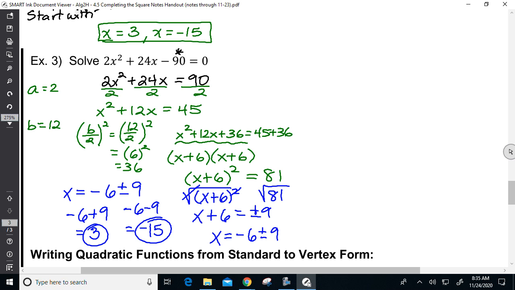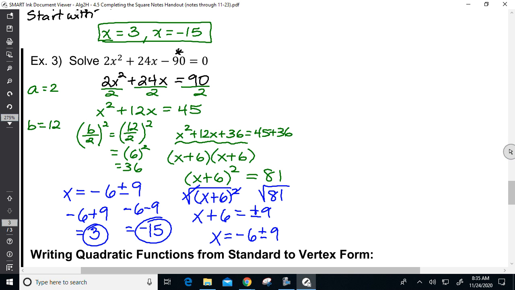So the directions just tell you to solve the equation, then there's your two answers. If the problem asked you to find the sum of the solutions, then you would have added those two up. That's the exact same thing that was on your quiz. If it asks you to find the sum, that means adding. So add the two answers up.